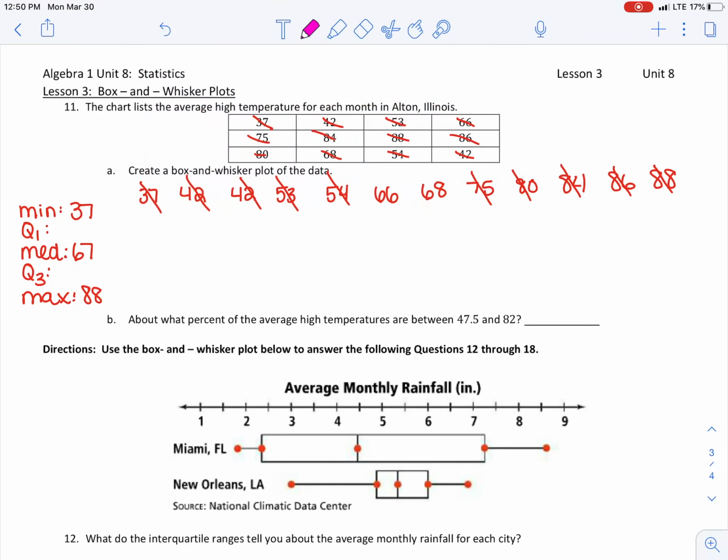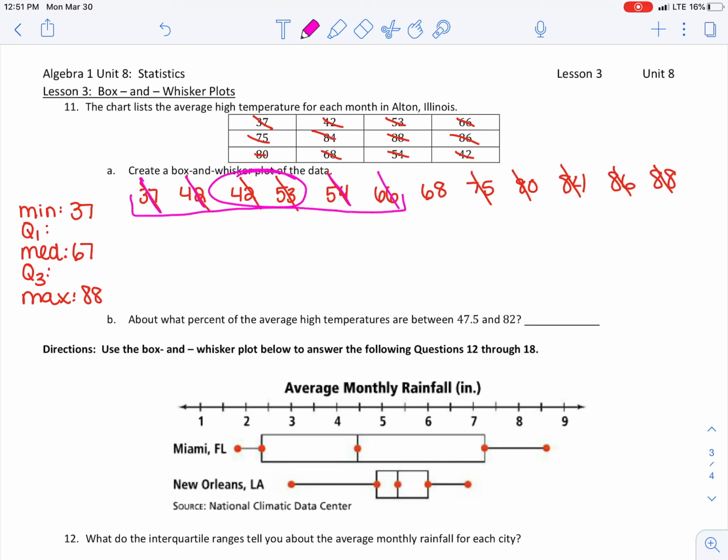Now, since we had those 2 numbers in the middle, you have to include 66 in your first half of data. So again, you can either rewrite, or I'm just going to cross them off again from here. So with the pink, I have 37 and 66, 42 and 54, and then I end up with 42 and 53 in the middle here.